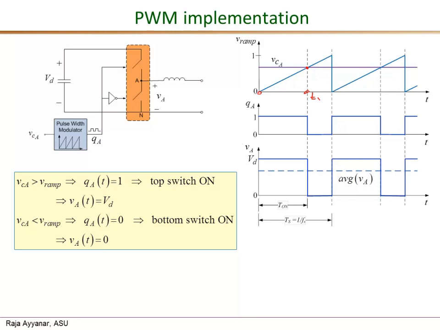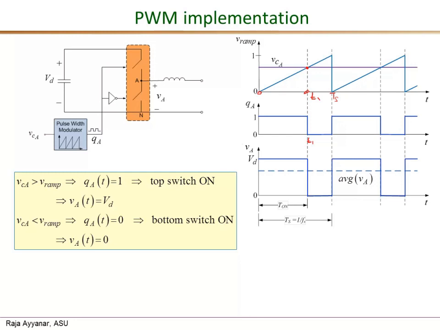Okay? So from this PWM implementation, the Q sub A would be 1 up to this point T1, because VCA is higher than Vramp. And after that, from T1 up to the end of that period Ts, the Vramp is actually higher than the control signal. Therefore, QA would be 0. Okay?